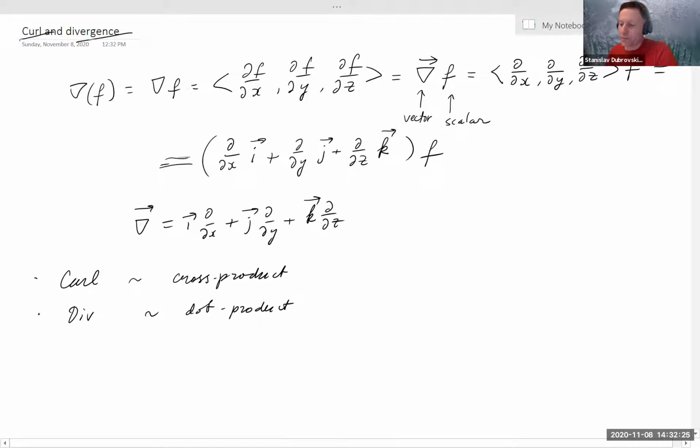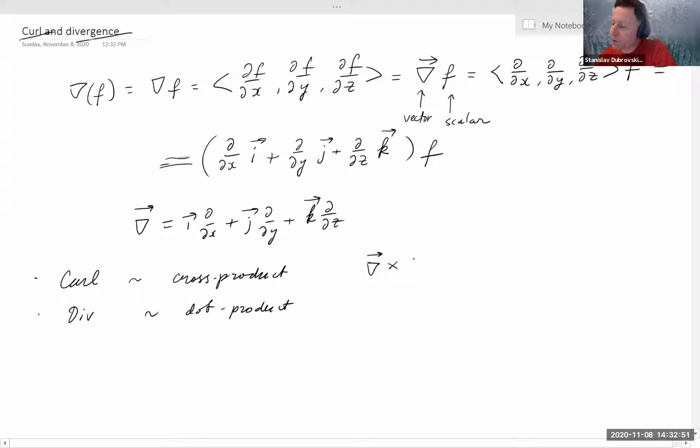We will calculate simple examples, and we'll announce some physical applications without real explanation of why they describe certain physical behaviors, because that will take some further development in the next classes, in the next week or so. So cross product. For cross product, of course, we have to have another vector, and this other vector will be just a vector field.